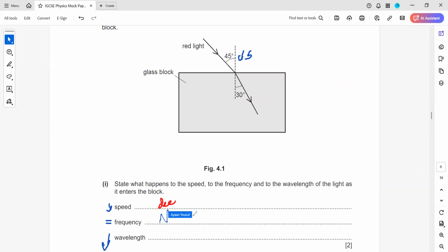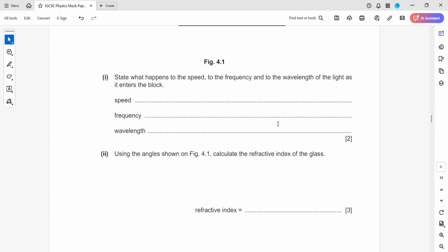So there will be no change of frequency. And what happened to the wavelength? The wavelength will also decrease. The ratio of the speed and the wavelength remains unchanged. So when the light travels from air to glass, the speed decreases, the frequency stays the same, and the wavelength decreases. And if it was opposite, then we'll write increase, stays the same, and increase.